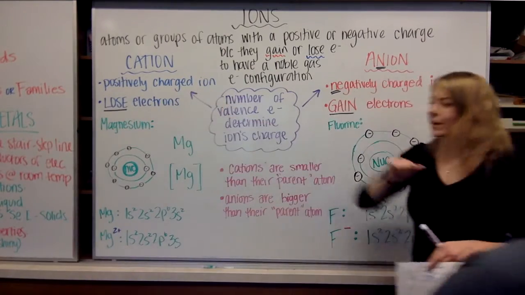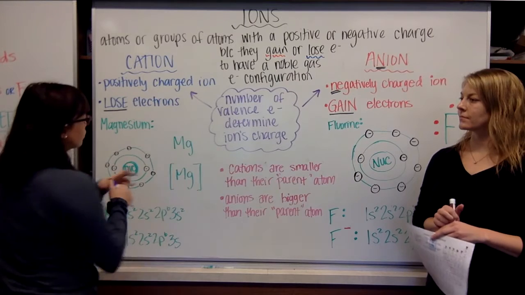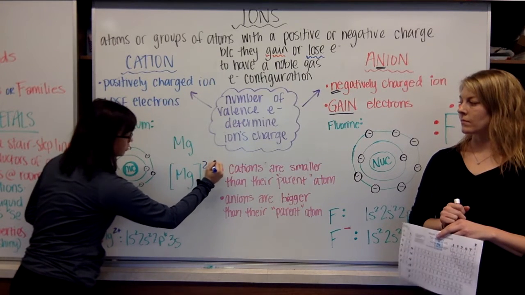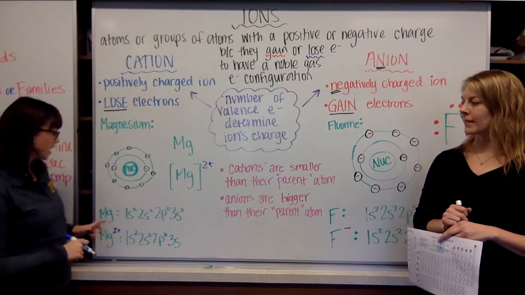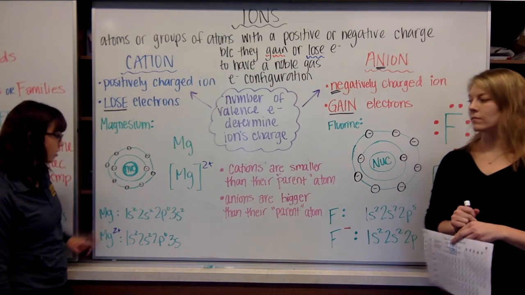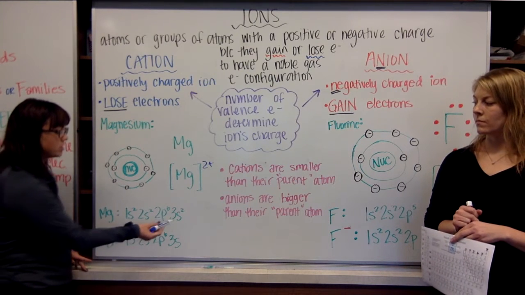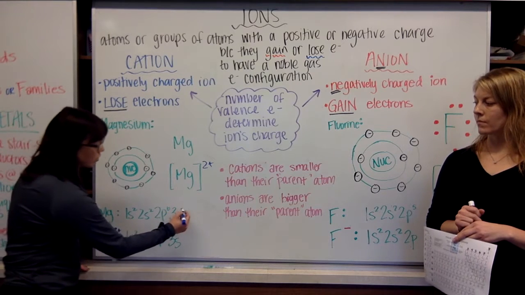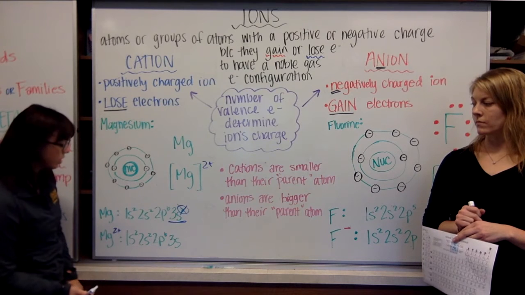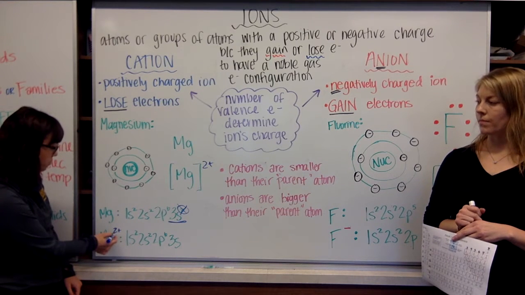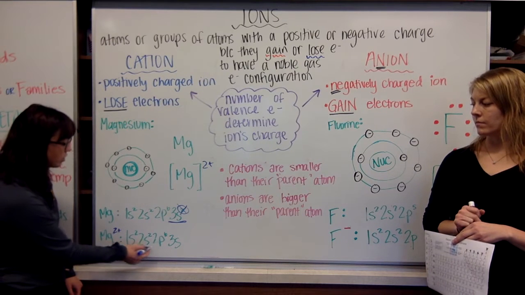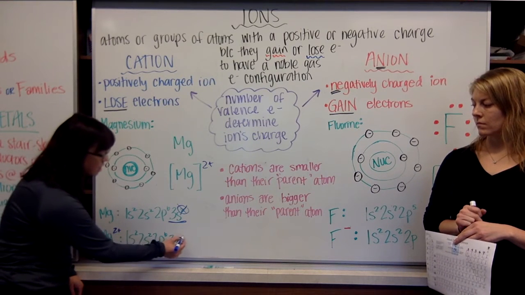Because it lost those 2 electrons, we write its Lewis structure diagram like this, with a 2+ charge. Based on its electron configuration, this is what we would have: 1s2, 2s2, 2p6, 3s2. These are my valence electrons right here. It's going to give those 2 up. So the magnesium 2+ ion is going to be 1s2, 2s2, 2p6, 3s, nothing.